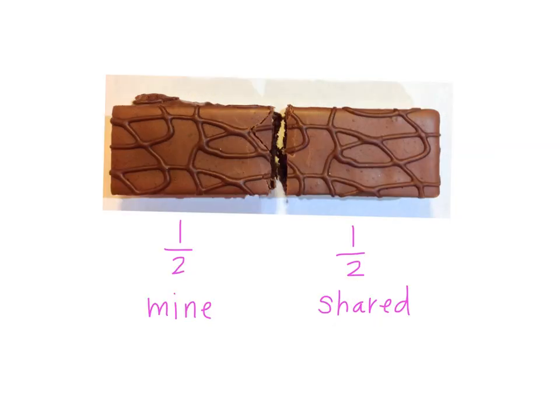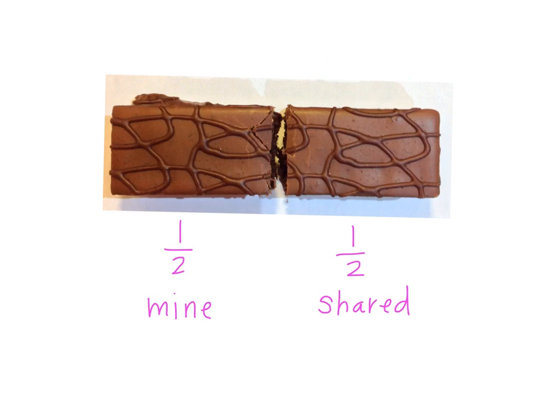But let's say that I'm about to enjoy my Little Debbie snack cake and my daughter comes in and she says, "Mom, I want part of that." Now I have to make an equal share with her. And so I have to cut my Little Debbie snack cake in half. So she'll get half and I'll get half.